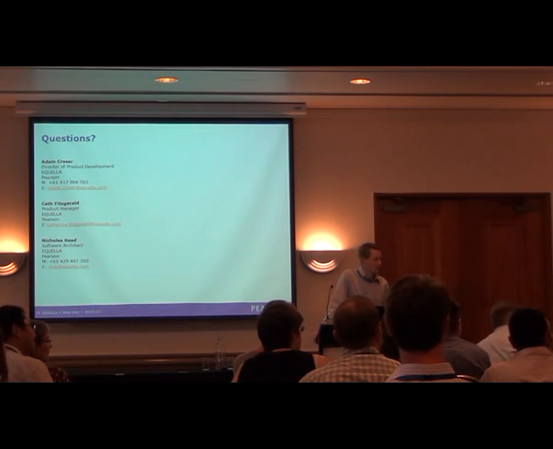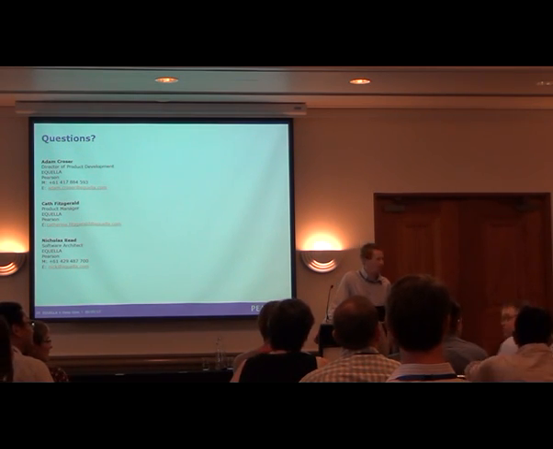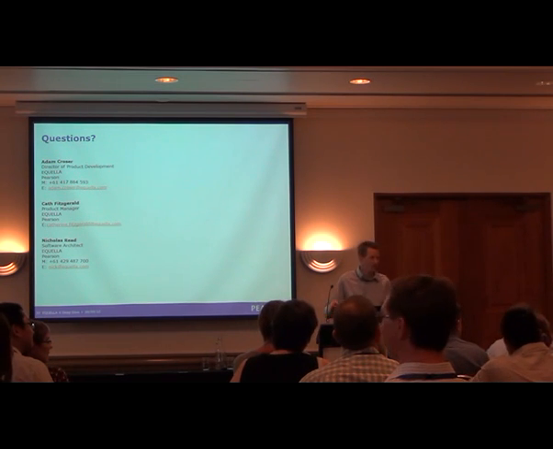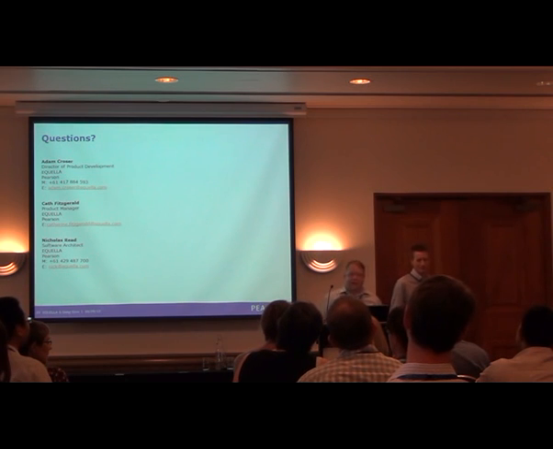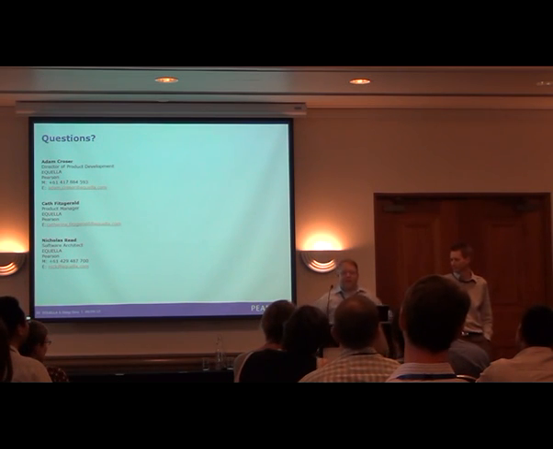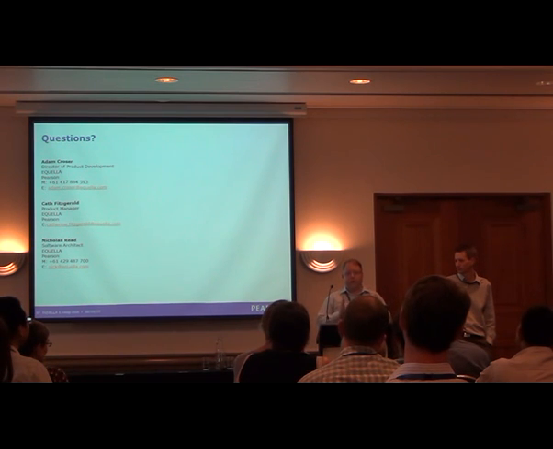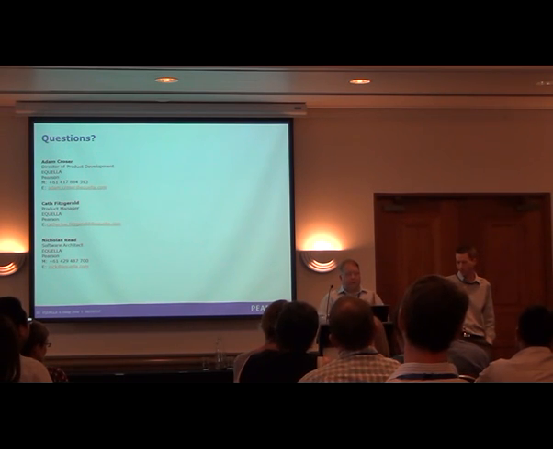Adam, Cath, one of you wants to answer that one. It's per users, and at the moment it's on a trust basis. Because this is equivalent to how we work with universities or organisations, so at the moment it's trust basis.